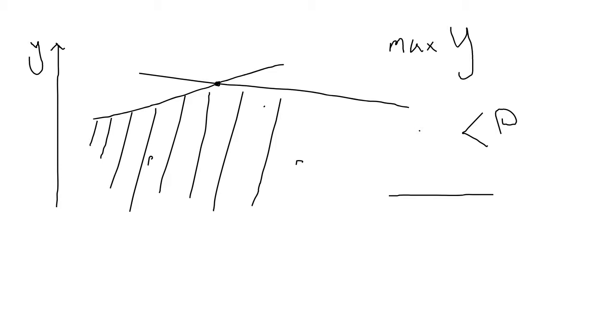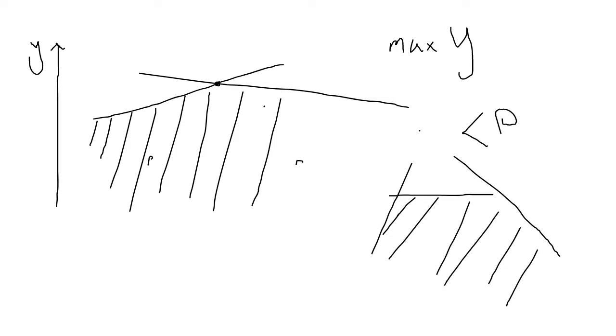For example, if this is a horizontal line, and this is 1 line, and this is 1 line, and you're bounded to be here, and they want the maximum, then you have to be on this line. As I said, it is both easy and difficult to understand that your answer is on the boundary.